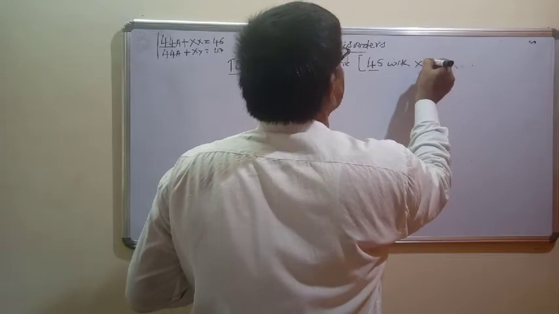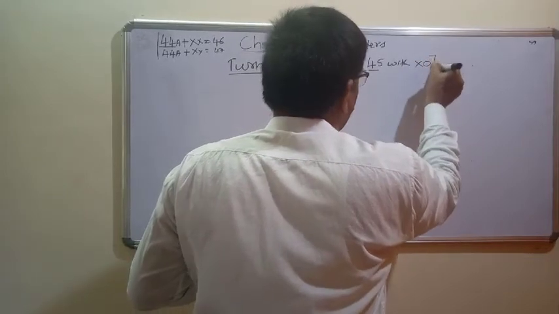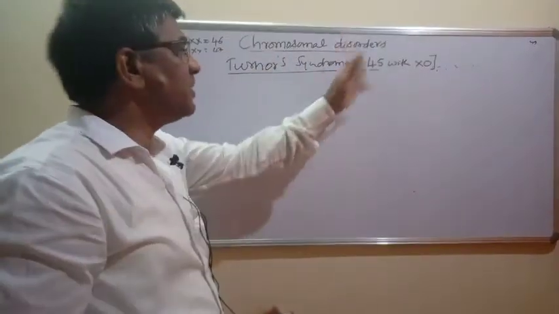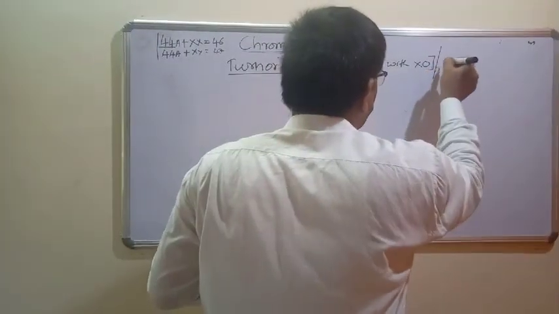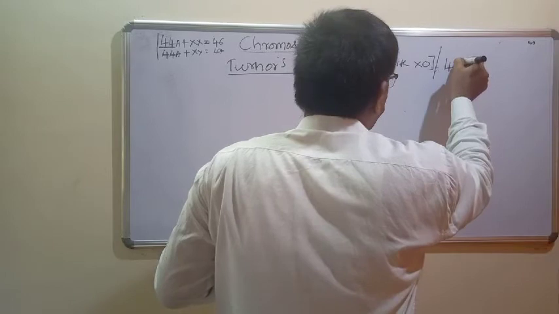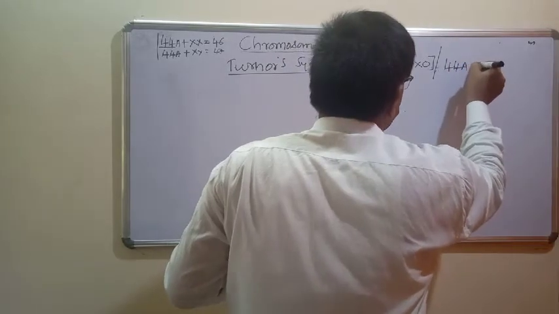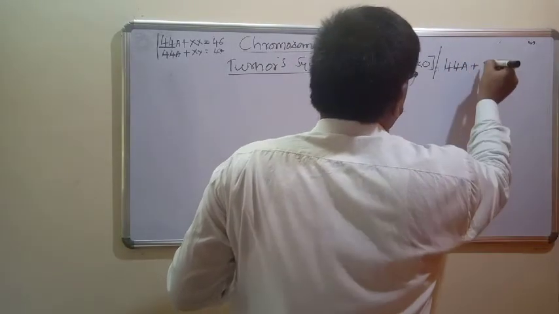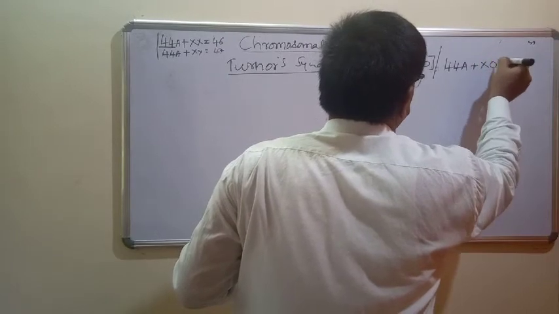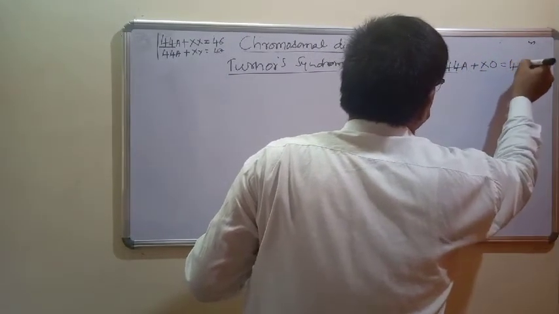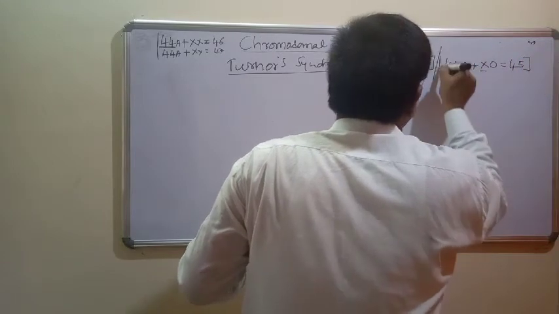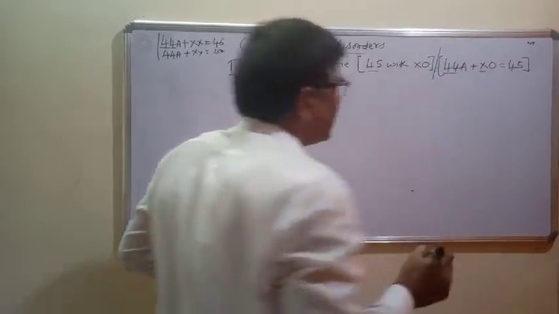Sometimes you may not understand what this is. If I write it like this, it will be very clear for you people. 44 autosomes plus X0. It means this is 44 plus 1, therefore it is 45. Now it is very clear, I think.